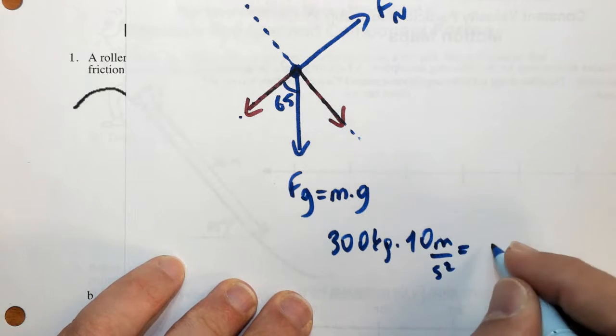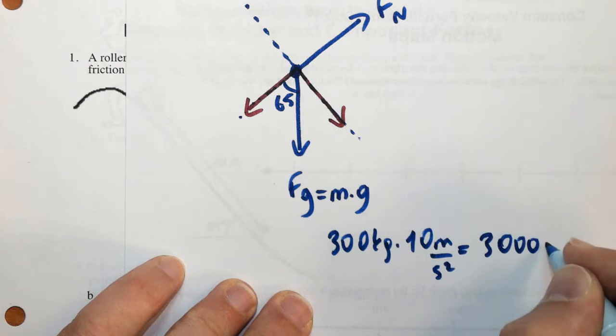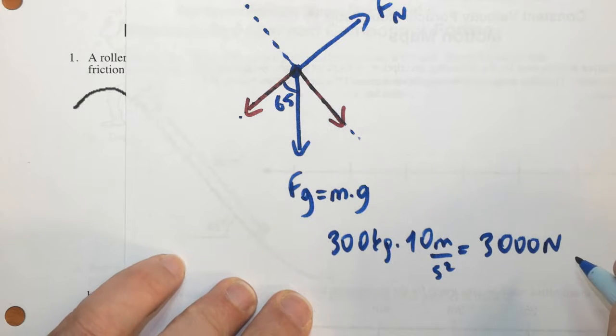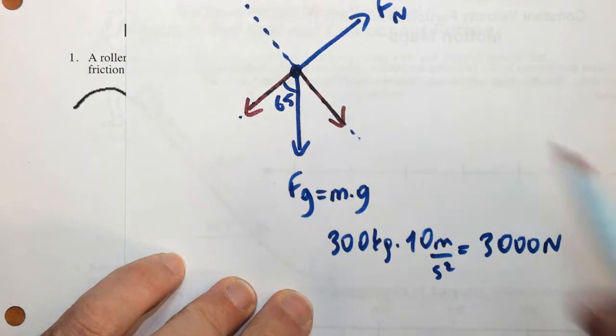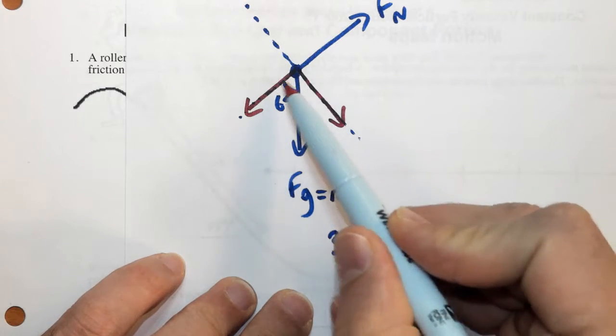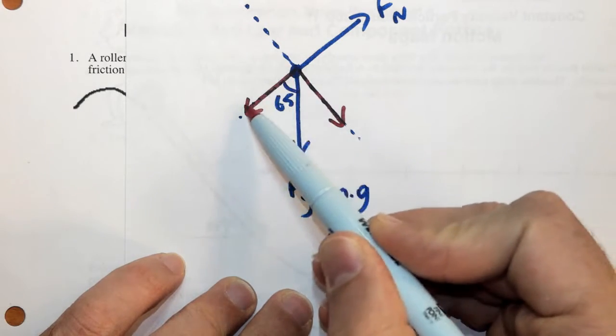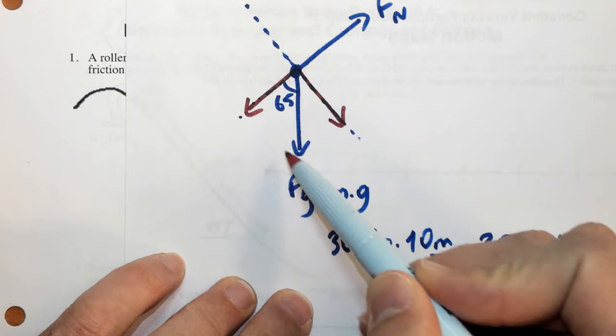That will give you the answer 3000 Newton. In order to find the component parallel to the hill, if you look at this, this side is cosine and this side is sine.